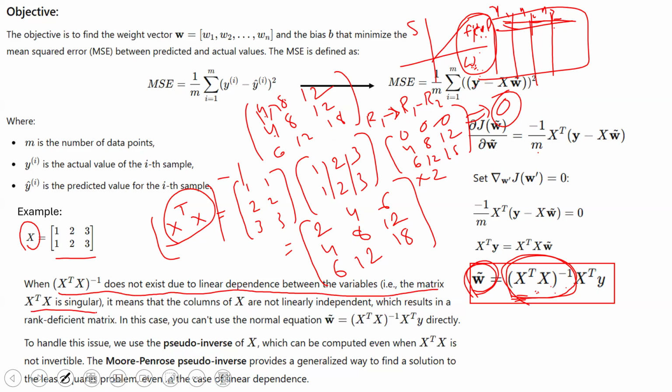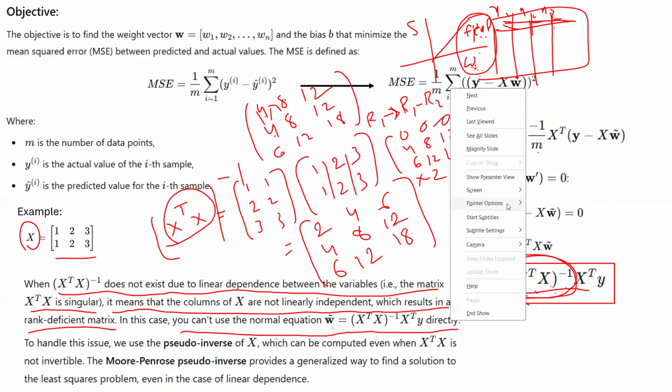A singular matrix means that among the columns there is a linear dependency. It means that the columns of X are not linearly independent, which results in a rank deficient matrix. So the rank of this is not 3, the rank of this is 2. In this case you can't use the normal equation directly to calculate the W.